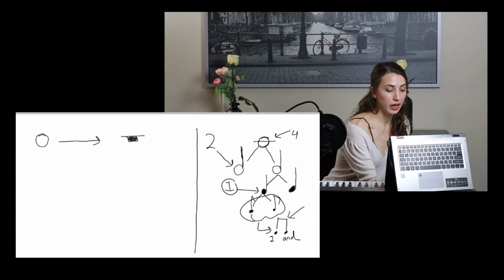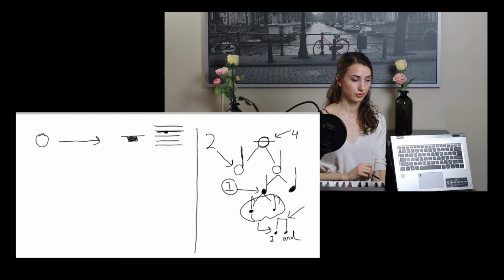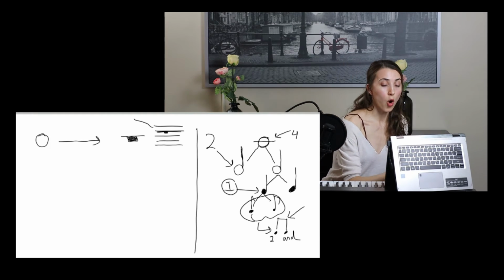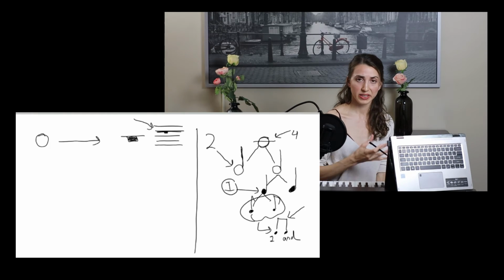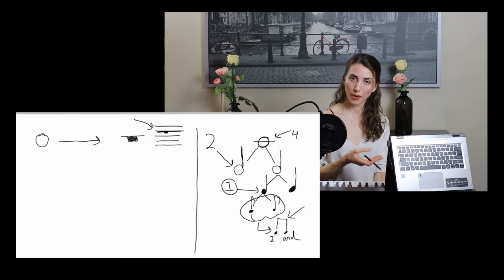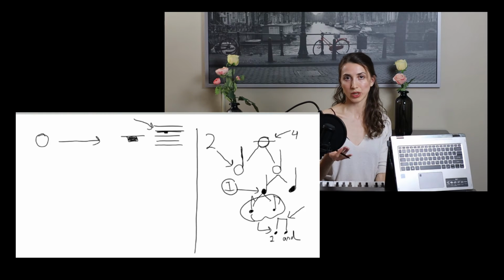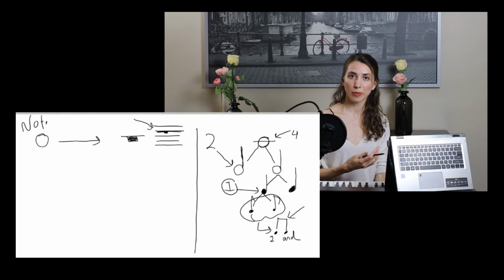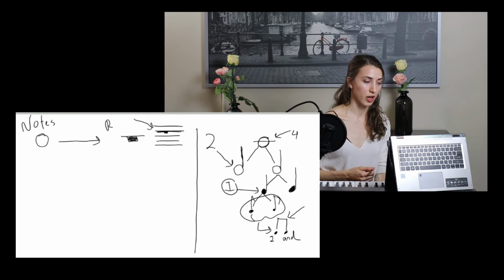So if we have 5 lines, 1, 2, 3, 4, 5, it's going to be on the 4th line pointing down. That's a whole rest. And it's a silence, no sound, but we have to count 1, 2, 3, 4. We're going to be talking more about time signature in the next video.